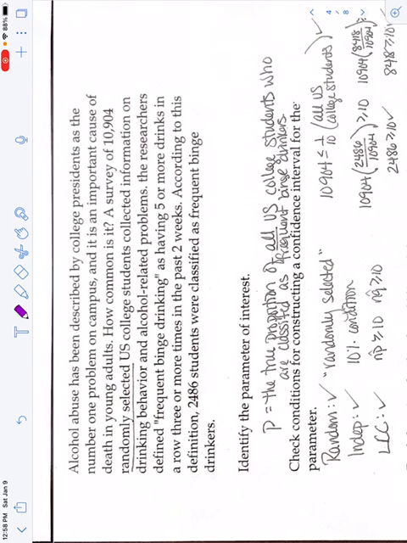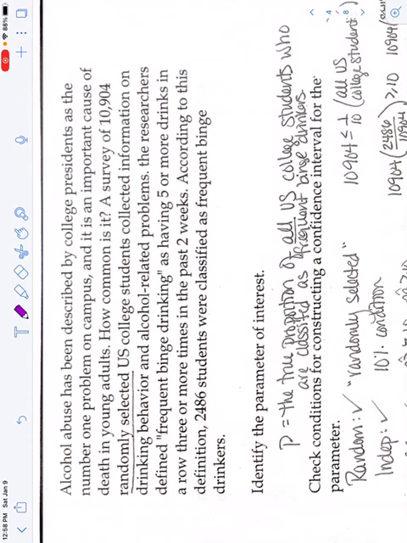Alcohol abuse has been described by college presidents as the number one problem on campus, and it is an important cause of death in young adults. How common is it? A survey of 10,904 randomly selected, notice I underlined that, I'm communicating that I know that that's important, U.S. college students collected information on drinking behavior and alcohol-related problems.